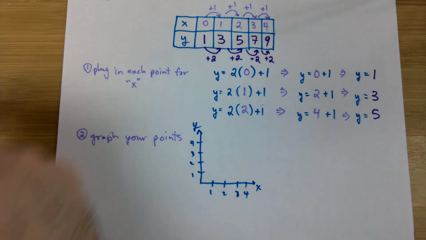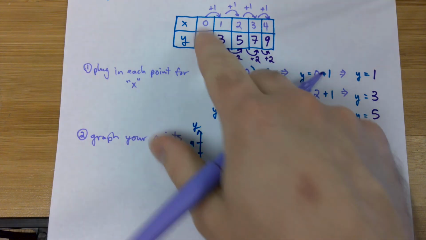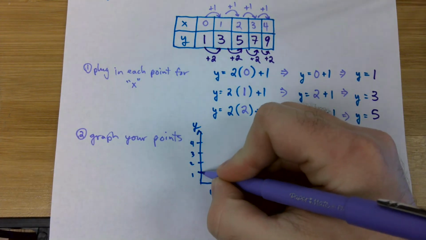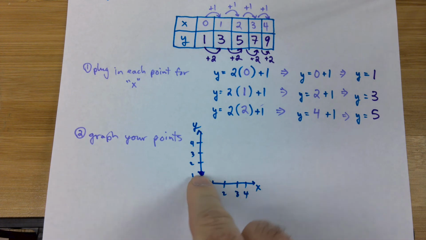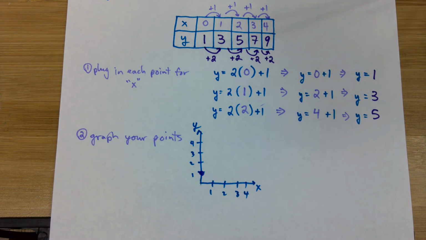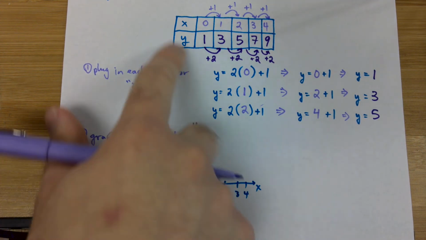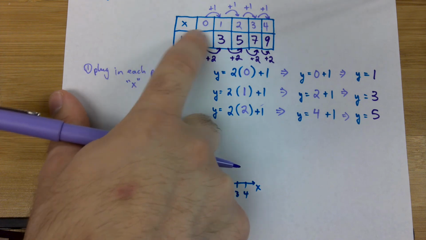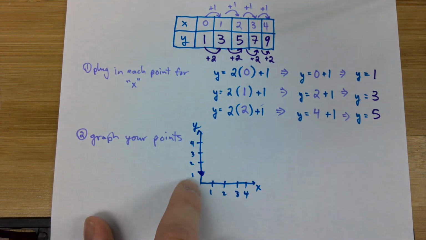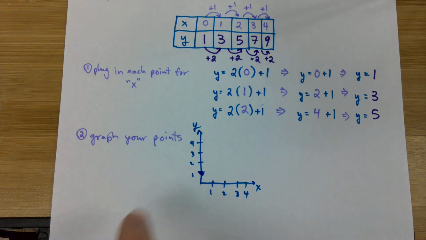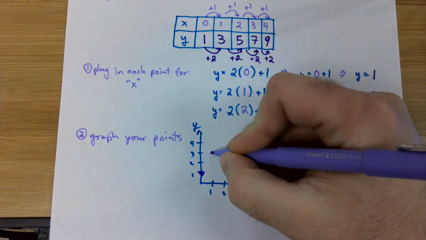So let's go ahead and plot our points. We got a point at 0, 1. Boom, right there on the y-axis too. See that? Whenever we see a point where the x-coordinate's 0, that's our y-intercept right there. And then we could plot 1, 3.